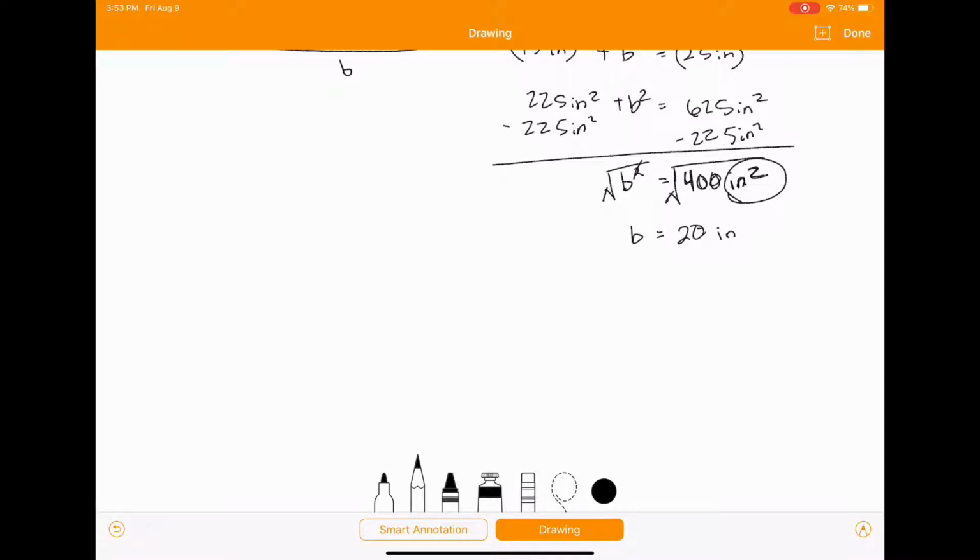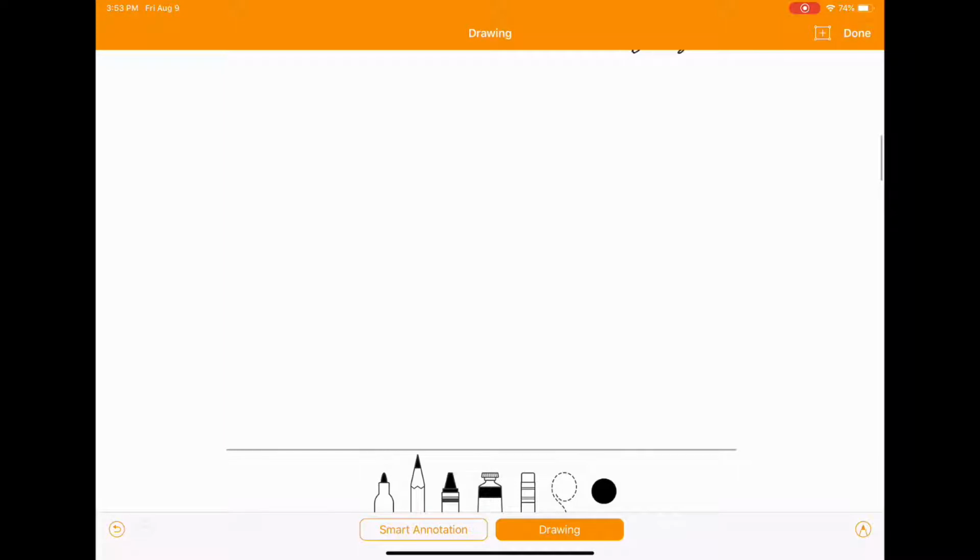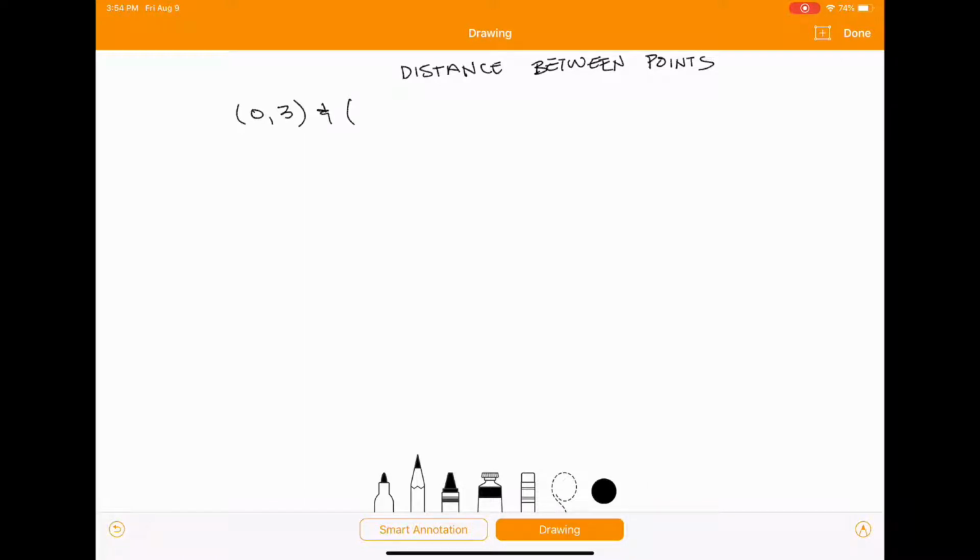And then one nice application of this is finding distance between 2 points on a graph. So let's say you're given the points 0, 3, and -1, -1.